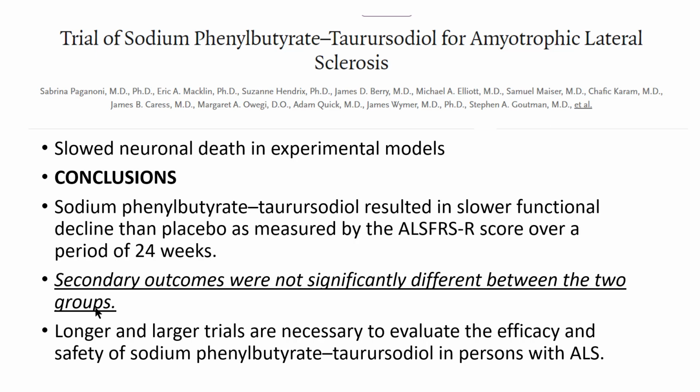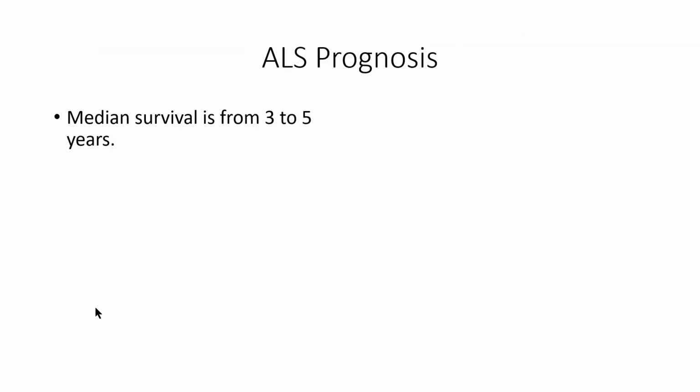So this is another indication that although there is reason for hope, there is no near-term significant management for ALS. Now, the prognosis of ALS, like with MS, is definitely out of my scope of practice, but I think that if we can observe that the median survival is from 3 to 5 years, we have to come to terms with the fact that this is a fatal disease and ultimately needs to be under the care of a neurologist. This marks the end of the ALS video.